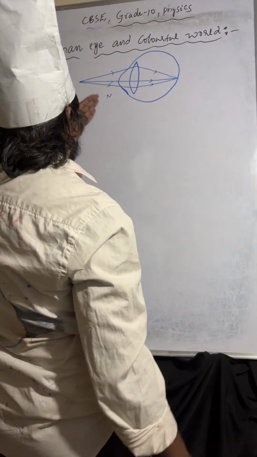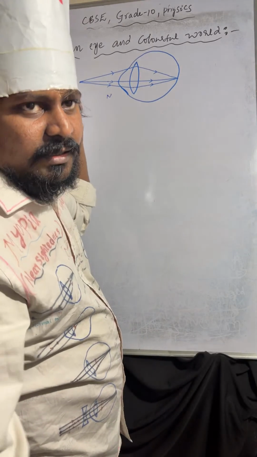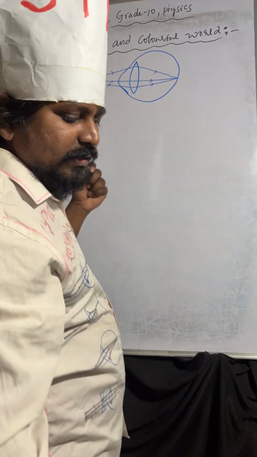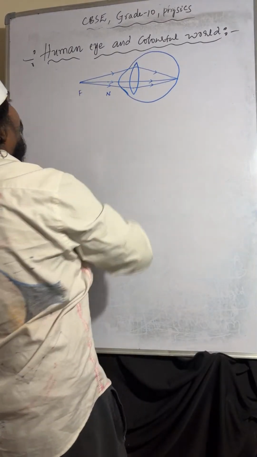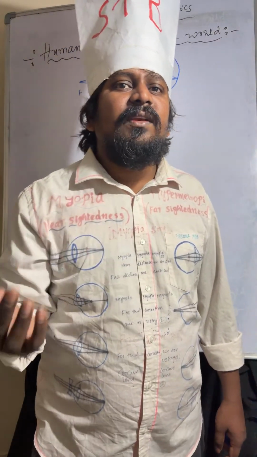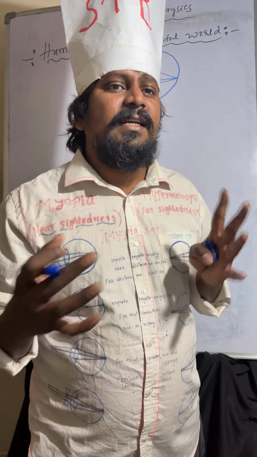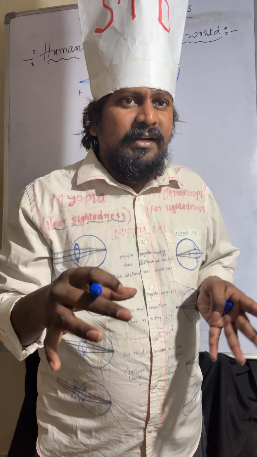So this is the near point and far point. Understood? If the light rays are coming from the far point, those light rays will meet at the retina.